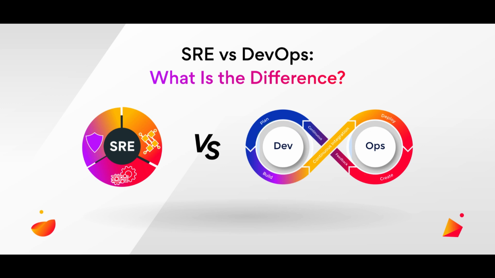So EKS and ECS both are container orchestration platforms, or what are they? Yes, both are container orchestration platforms. Why do we need different services for them?